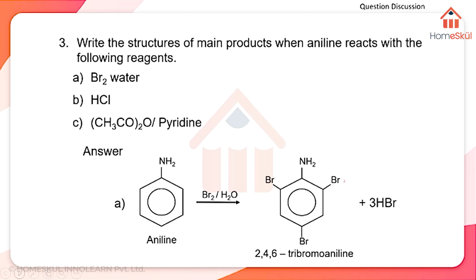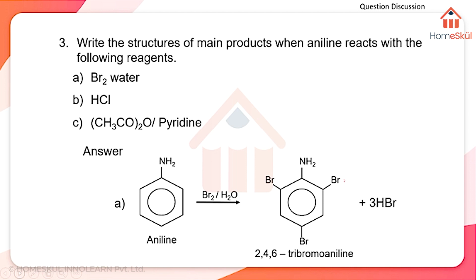That is, write the structures of main products when aniline reacts with the following reagents. So these are direct questions we are studying in this chapter. First, when aniline reacts with bromine, we'll get 2,4,6 tribromoaniline plus 3HBr, hydrogen bromide.